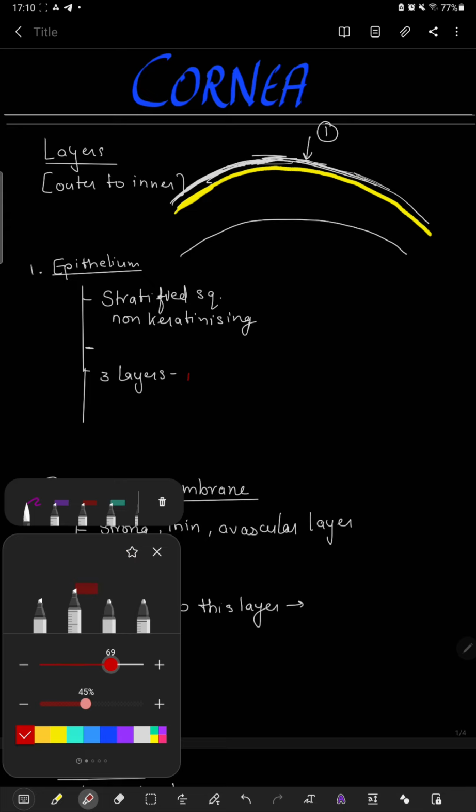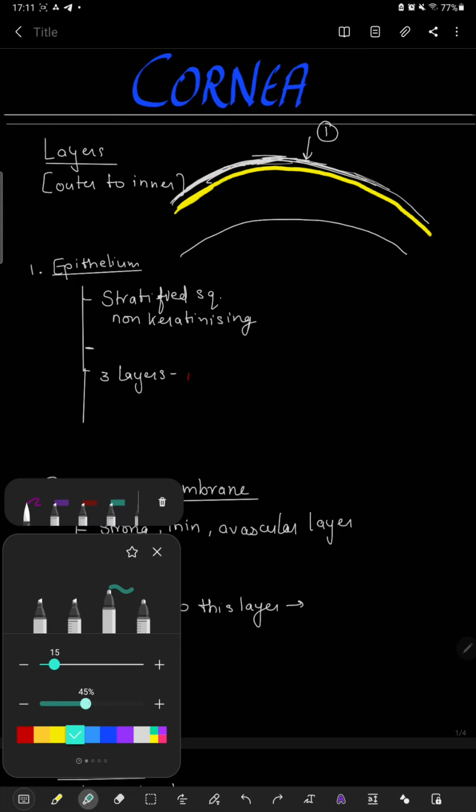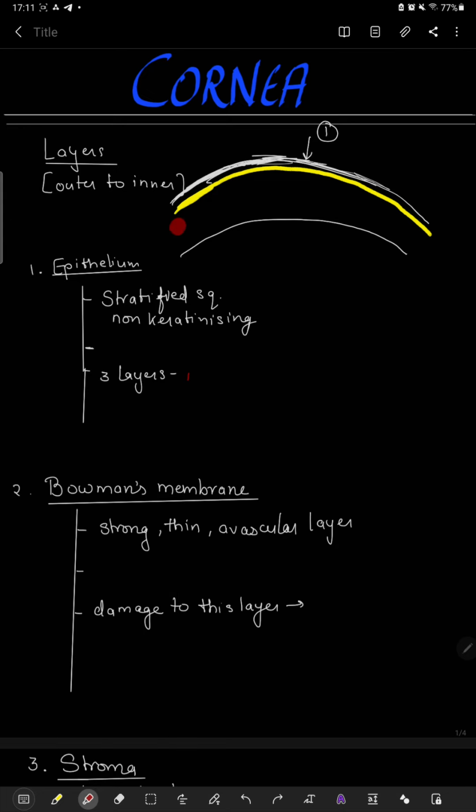that is stroma. Let's draw one, second, sorry. The third layer is stroma. This is stroma. It is the thickest layer.